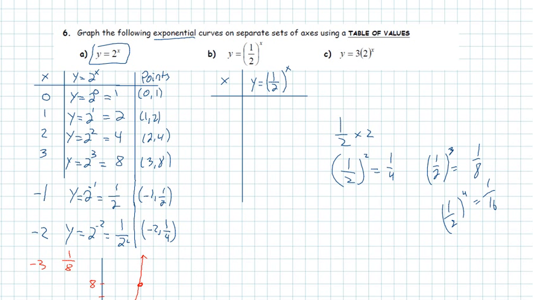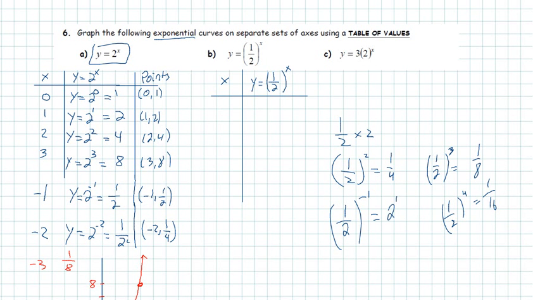What other values of x do you think I should pick? Not even numbers. What do I get? We're flipping. So when I flip the base, what does it become? 2 to the power of 1 is 2.